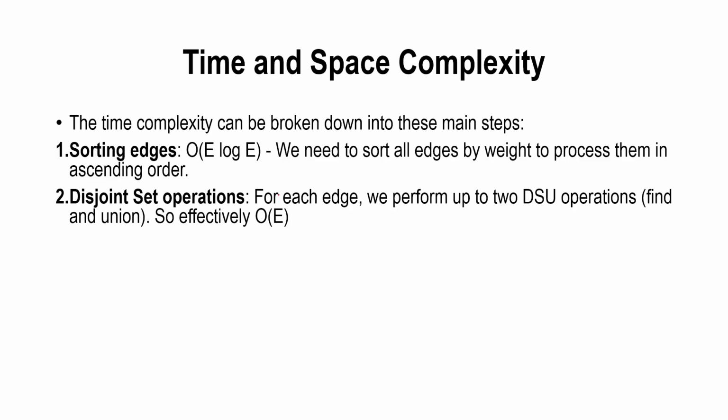Technically speaking, it is alpha(V) times E, where alpha is Ackermann's function, but most of the time its value is close to 4. Sometimes when you're performing find, you will also have to perform path compression.